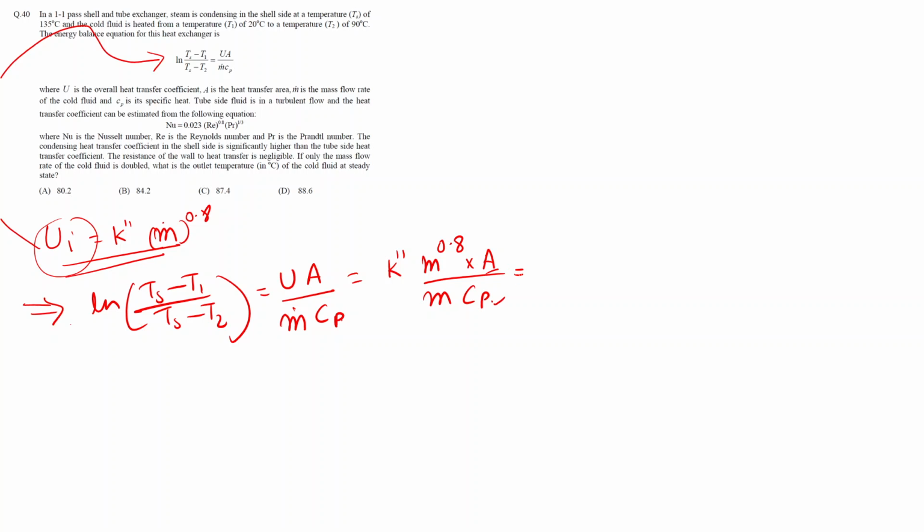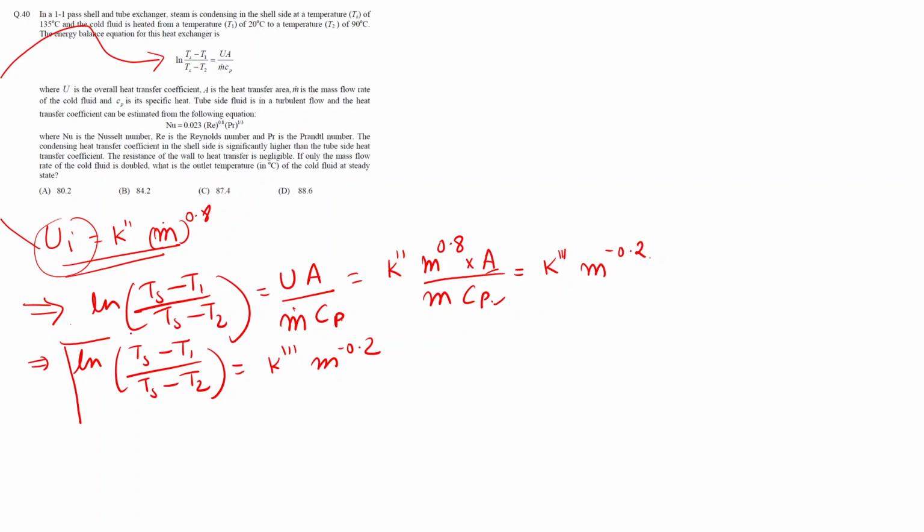Again this area and Cp will remain constant, so let's just call it k triple dash, and m dot raised to 0.8 minus 1 will become minus 0.2. So ln of (Ts minus T1) upon (Ts minus T2) is equal to k triple dash of m dot raised to minus 0.2.